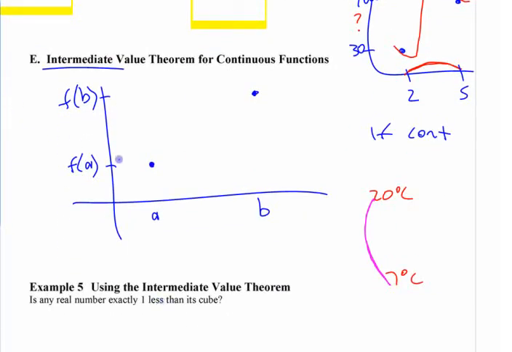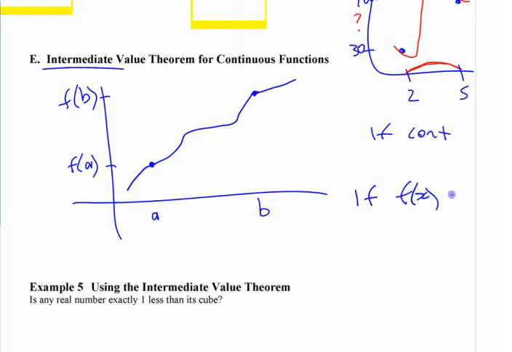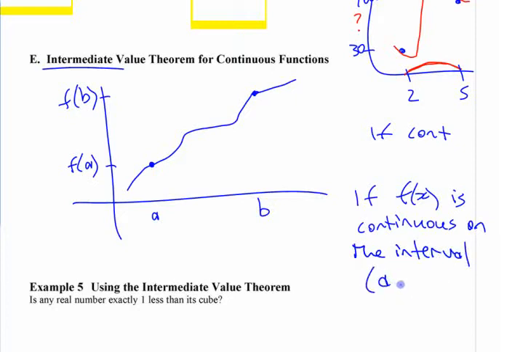So if you draw some kind of a function here, okay, all that this is saying is, we can write it out right now actually, make some space over here. If f of x is continuous on the interval a, b, okay, they use that kind of notation.